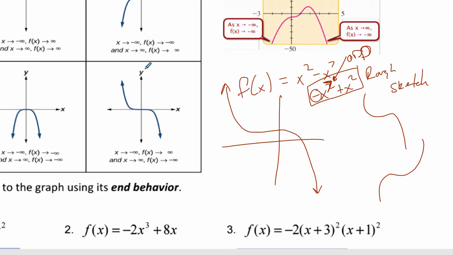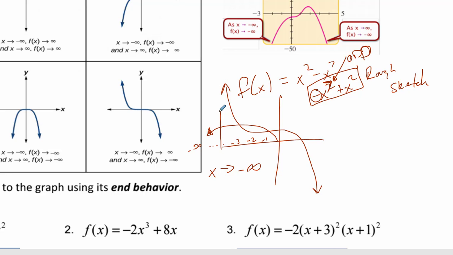So I want to find end behavior. So where the edges, the ends of the graph, where do they go? So this side here, as x is approaching negative infinity, meaning it's getting smaller, like -1, -2, -3, negative infinity here, what happens to my graph?